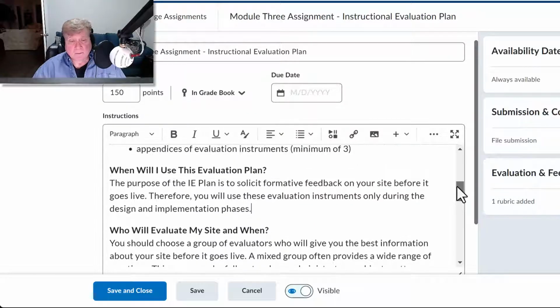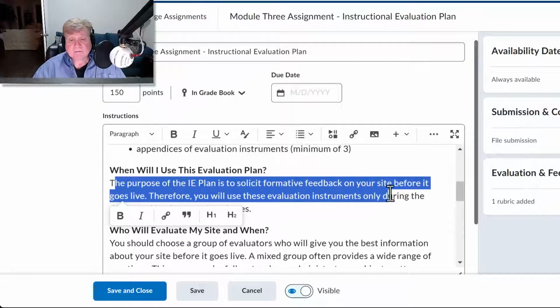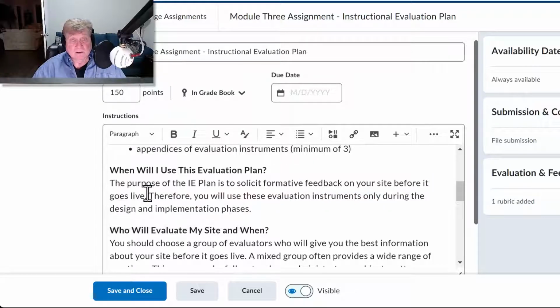So we can read about the purpose here. The purpose of the IE plan is to solicit formative feedback before it goes live. So this is definitely during the development phase of your project. This is formative evaluation, not summative evaluation.